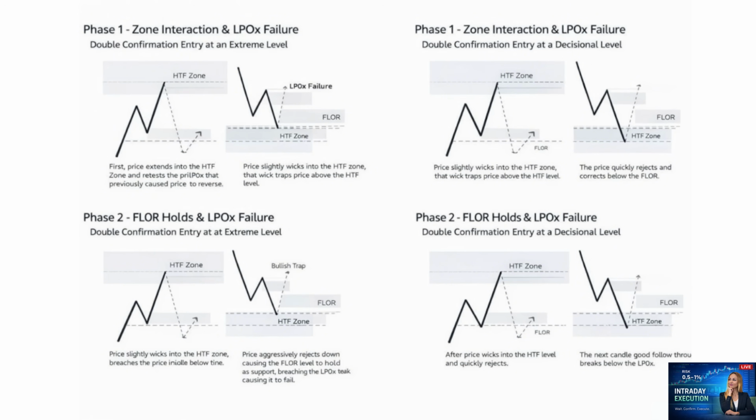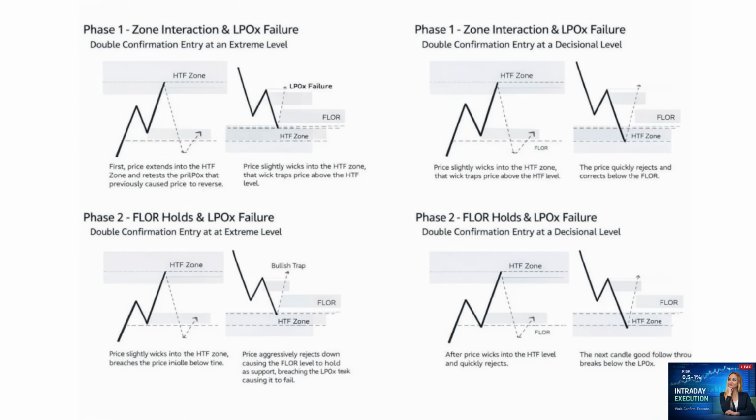Our last point of demand fails, and then price trades up, taking the flip or decisional level as liquidity because the extreme hasn't taken liquidity, taps into the level of supply, and then continues to trade lower.